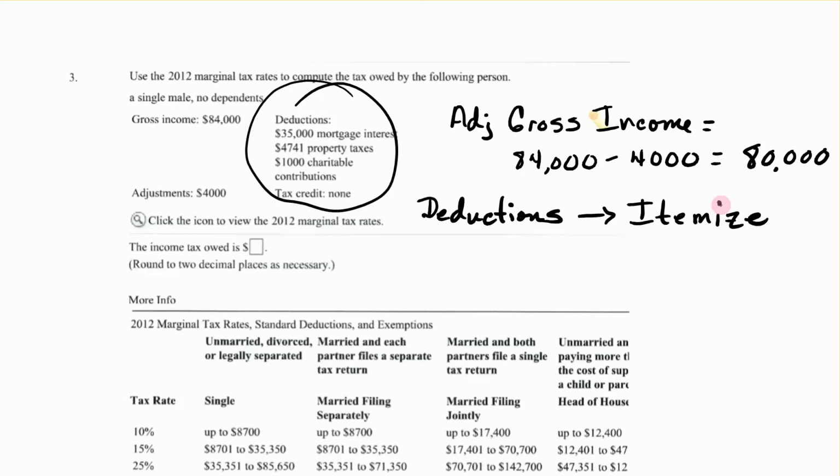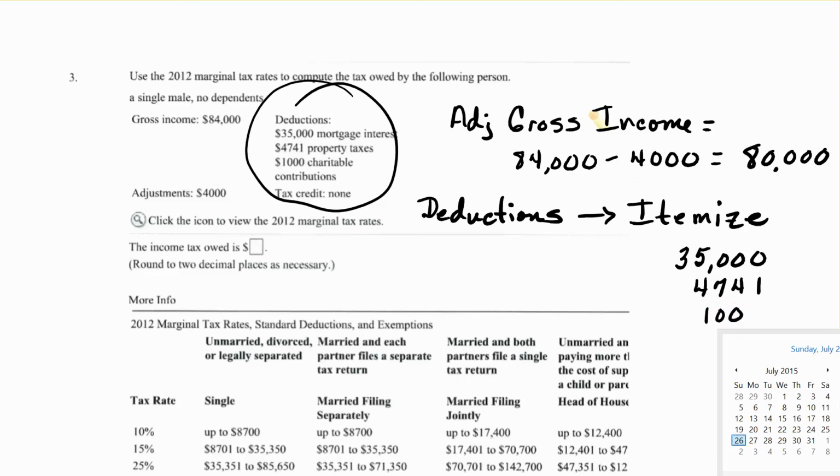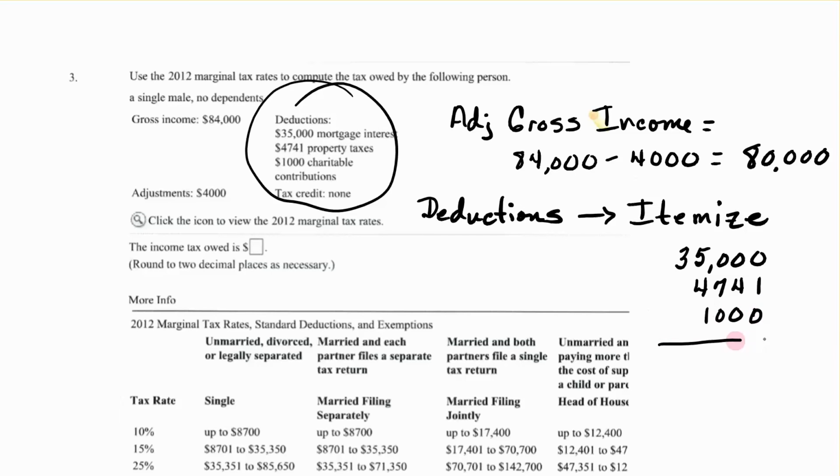He's going to add 35,000 for mortgage interest. He has property taxes of $47.41. He has charity of 1,000. That gives us a total of $40,741. That's the deductions. Okay. And let's see.